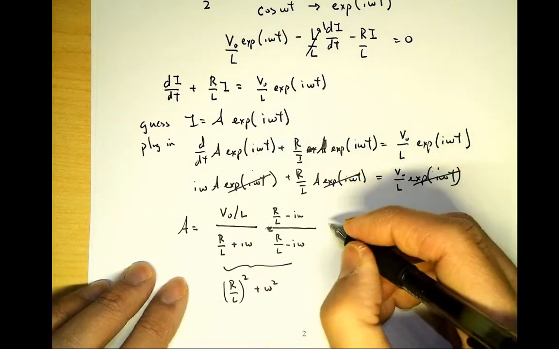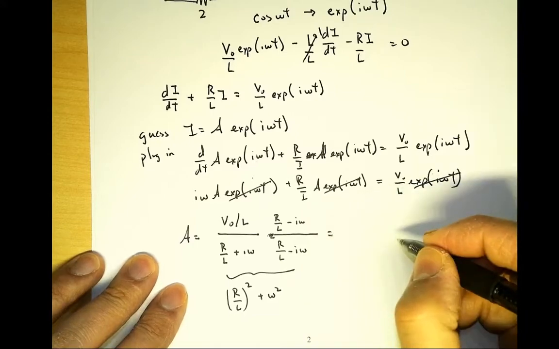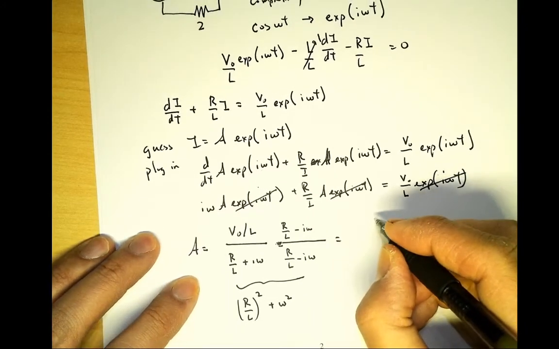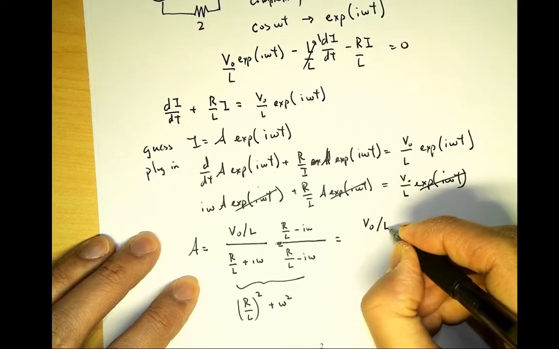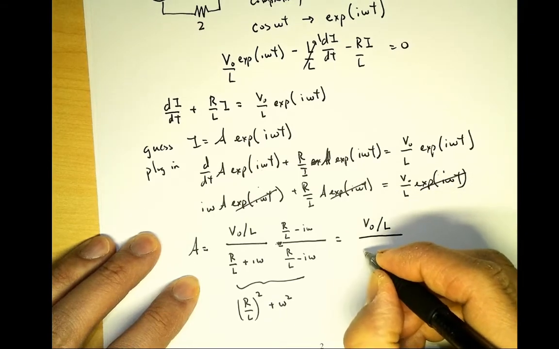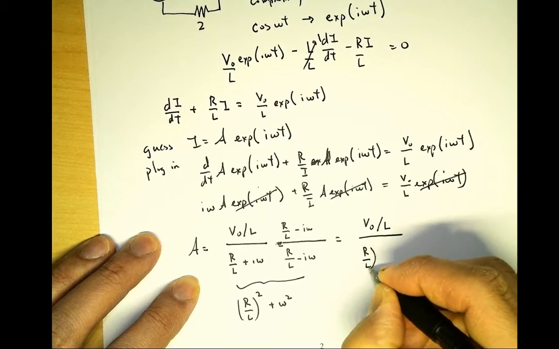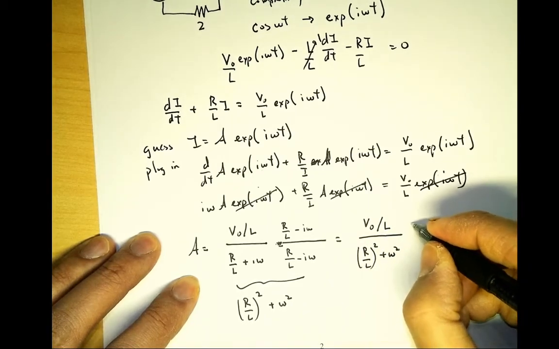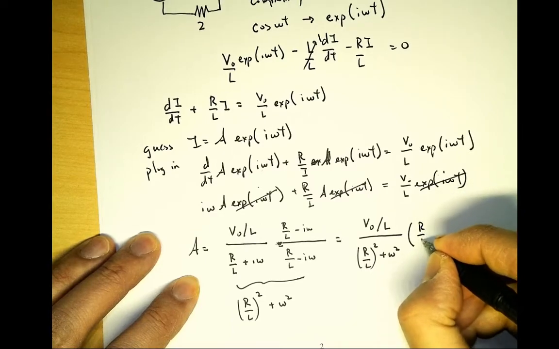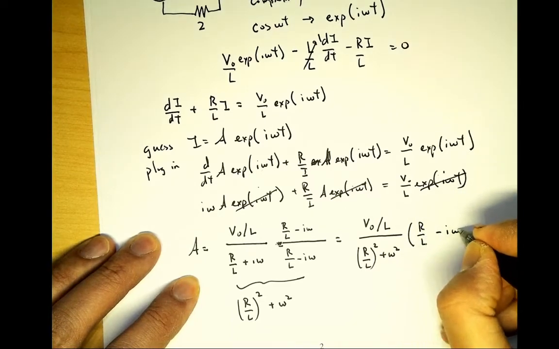So let's write this thing down. This is going to be V0 over L divided by R over L squared plus omega squared, and then multiplied times R over L minus I omega.